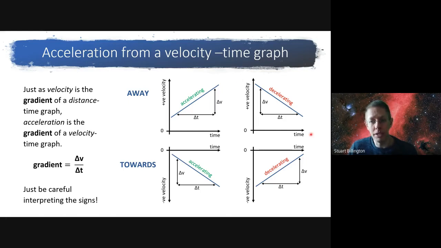Sloping downwards is decelerating here, but sloping downwards is accelerating here. You just have to be really careful about interpreting the sign of the gradient, depending on whether it's above the time axis for positive velocities or below the time axis for negative velocities.